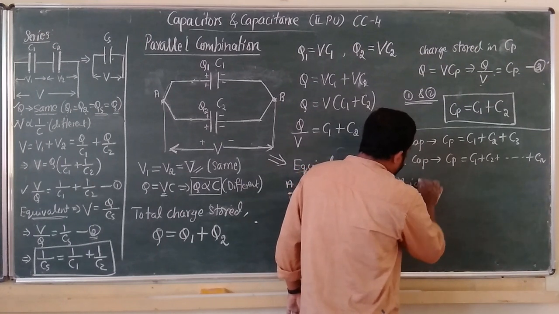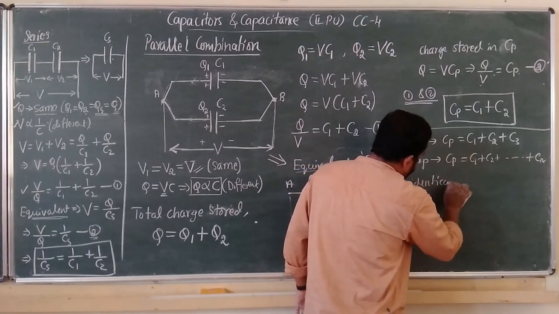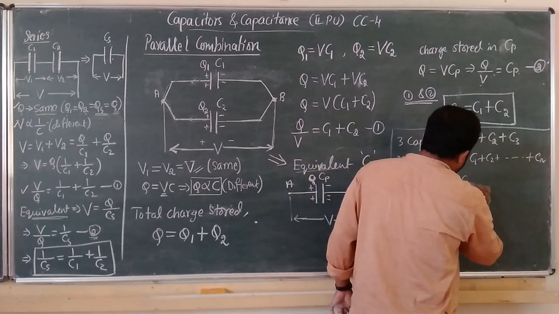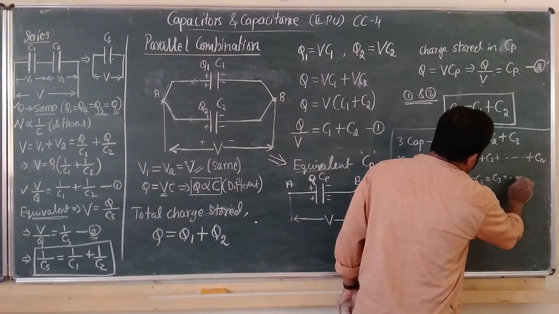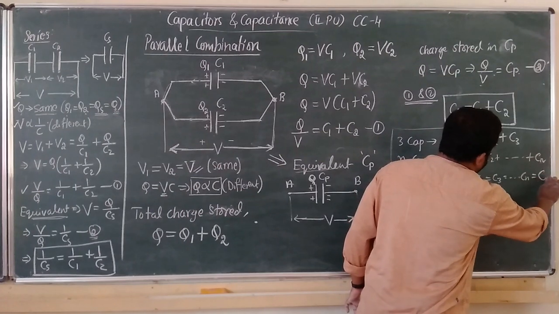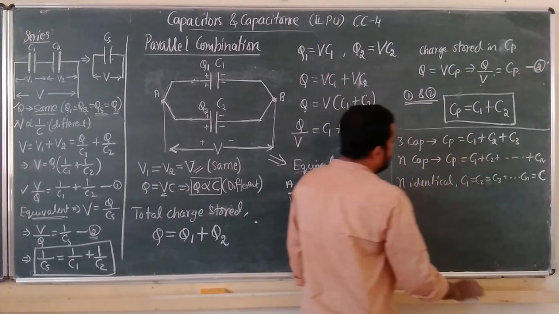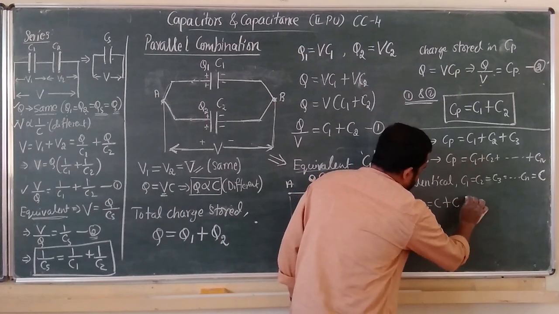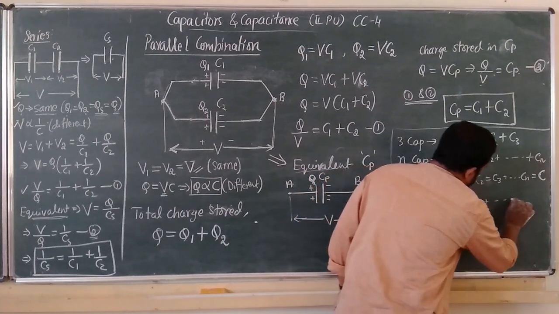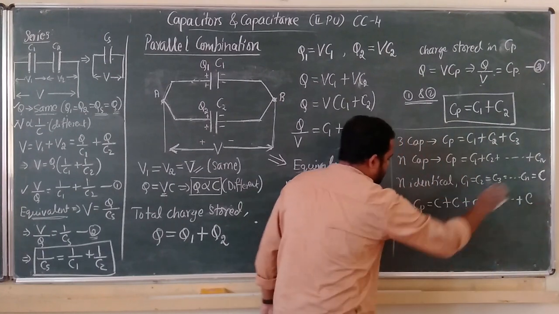If n identical capacitors are connected in parallel, identical meaning C1 is equal to C2 is equal to C3 is equal to etc. Cn is equal to the same value C, then CP is given by C1 is C, C2 is C, plus C3 is C, plus etc. plus C, n number of capacitors.